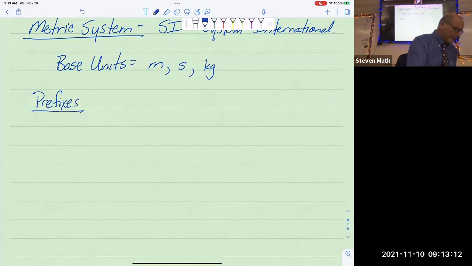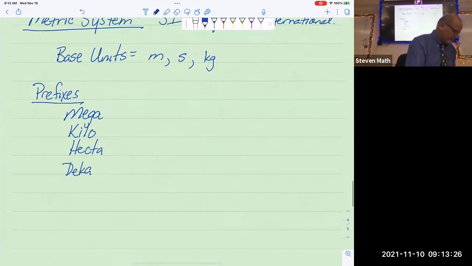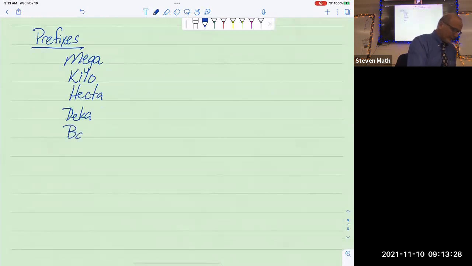We need to know prefixes. I don't really know why we need a mega, but we're going to do it. Kilo, hecta, deca. There's your base unit.